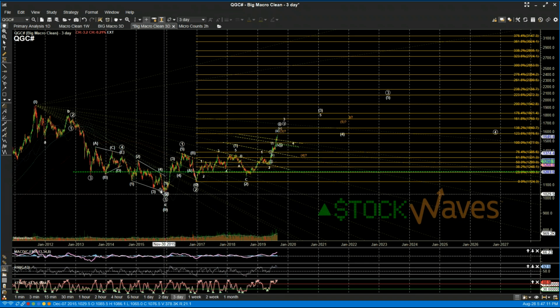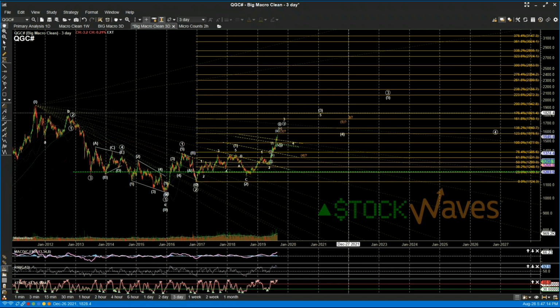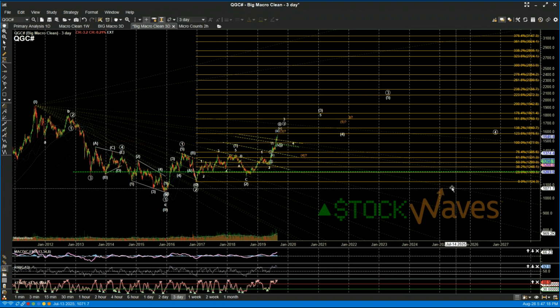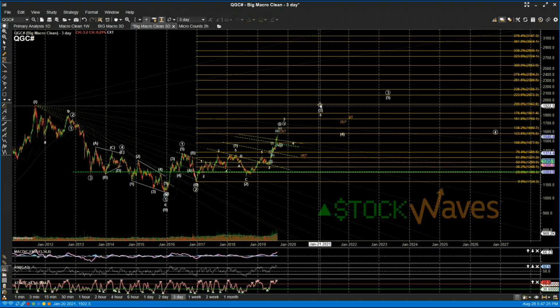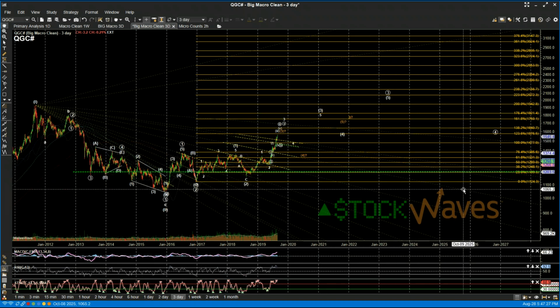We're going to get more of a flat where this is an A, this is a B wave, and we come back down to test that 1,000 to 1,100 region as an orange C wave out into the future. Maybe that's because we're getting the primary wave 5 in the markets.